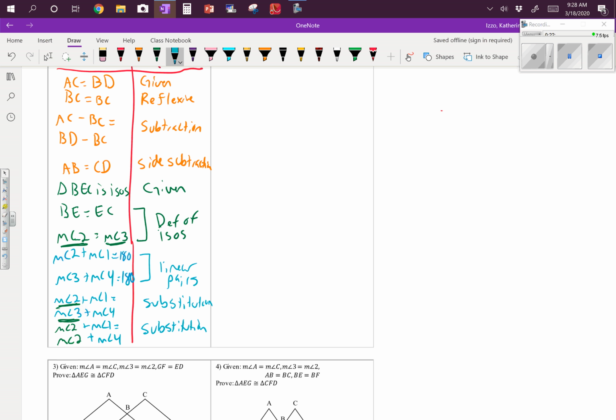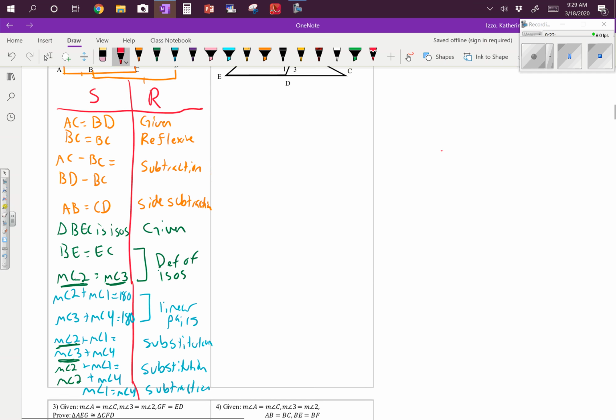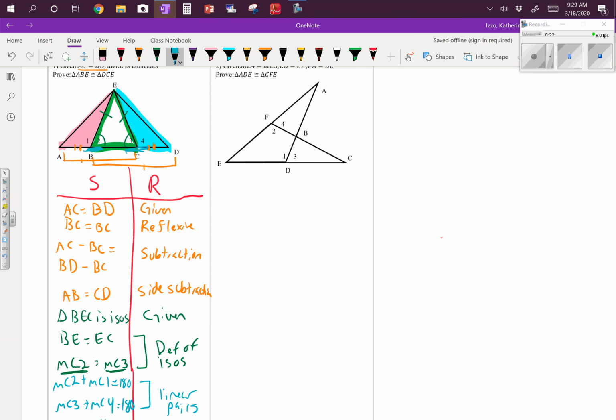Okay, so we got measure angle 1 equals measure angle 4 by subtraction, because the measure angle 2's disappear, so that gives me measure angle 1 and measure angle 4. And hey, look, we're done! We've got two pairs of sides and one pair of angles, and the angle is between the two sides.